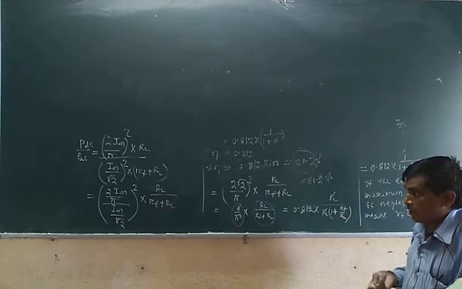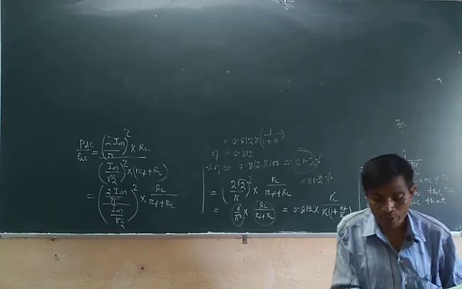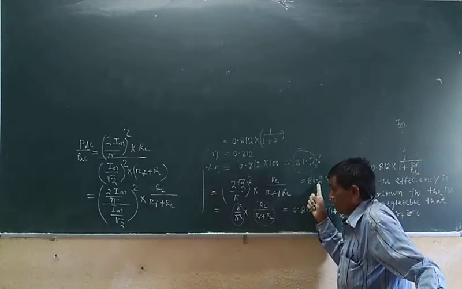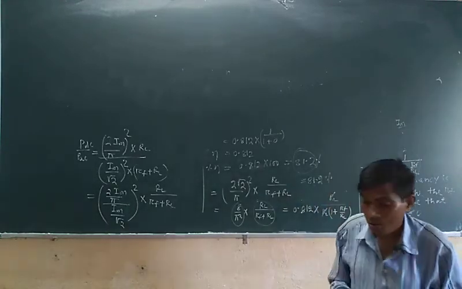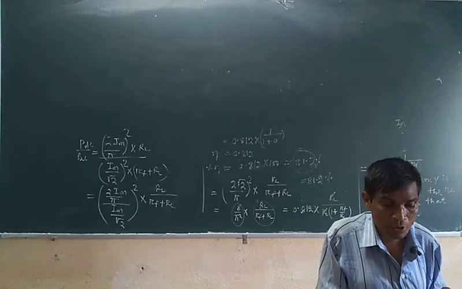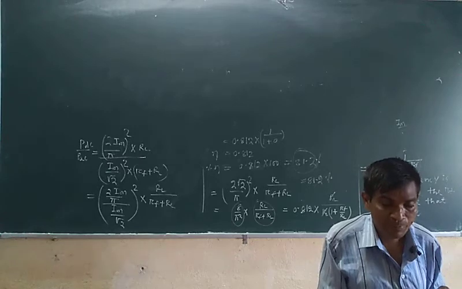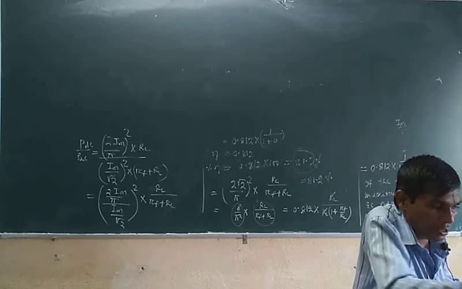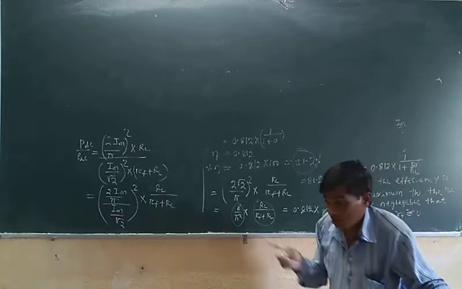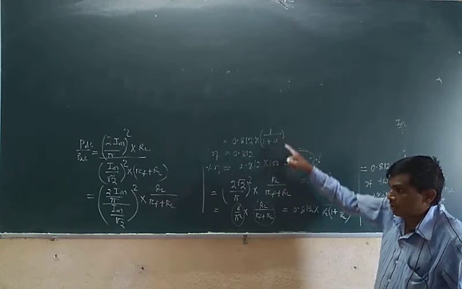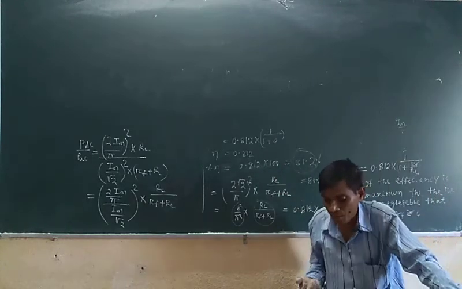So it is clear that from the output of a full wave rectifier we can get 81.2 percent DC. Now it is better than a half wave rectifier. So that is the efficiency of a full wave rectifier.